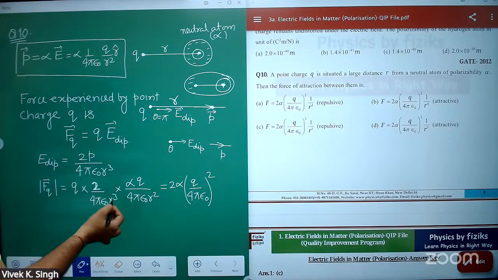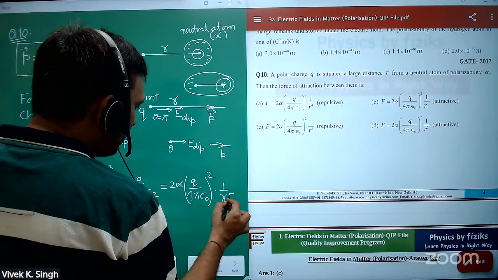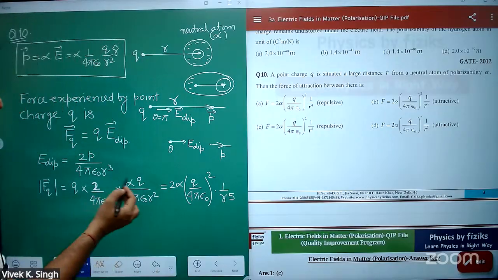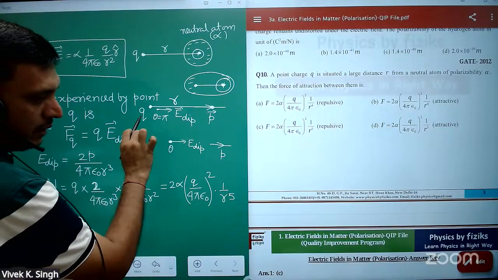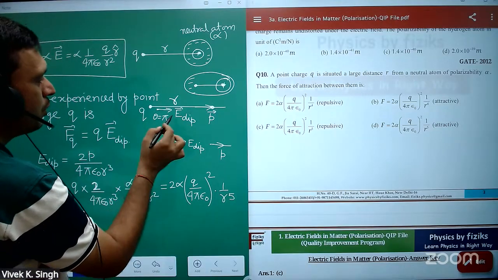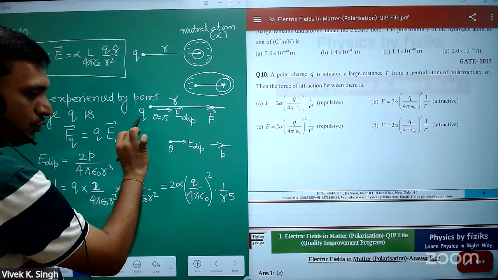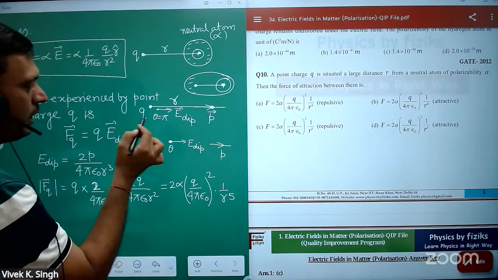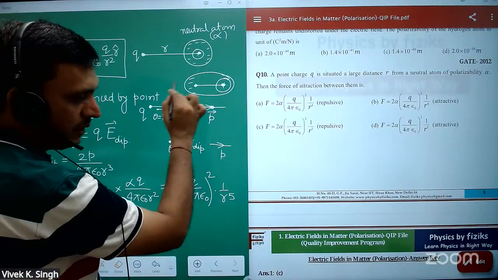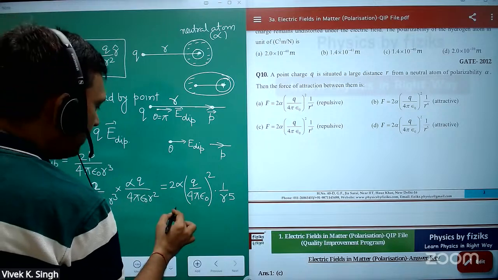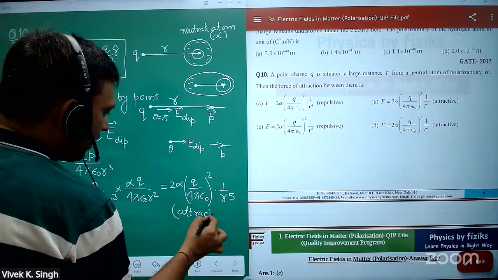This is 1 by r cube and 1 by r square, so this will be 1 by r power 5. So this is the magnitude of force. And what will be the direction of force? Because the electric field is in this direction, the positive charge will move in the direction of the electric field. So there is a net attraction between charge Q and this polarized atom. So there will be an attractive force.